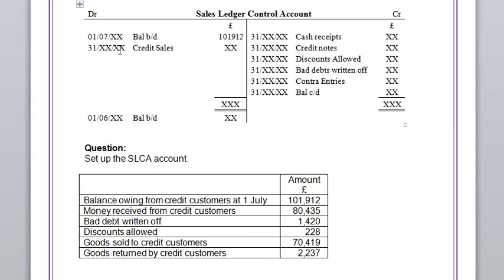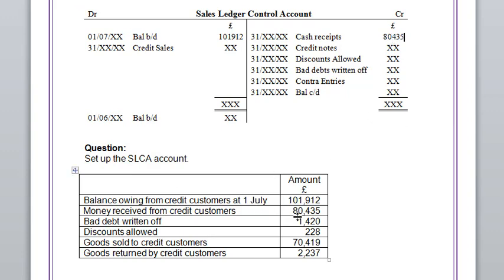I'll just put the date in there. Money received from credit customers. Somebody was owing me, they've paid me, it will reduce the balance in the SLCA account. So the double entry for this transaction will be a debit in the bank and a credit in the SLCA account. I'm throwing the credit in there.